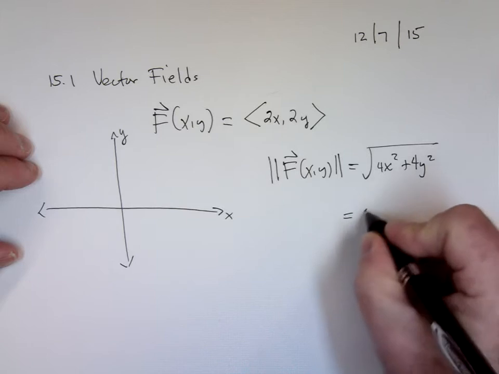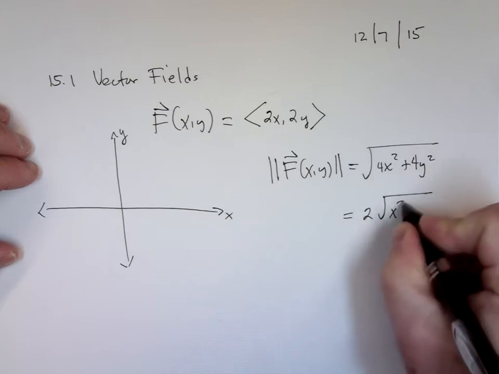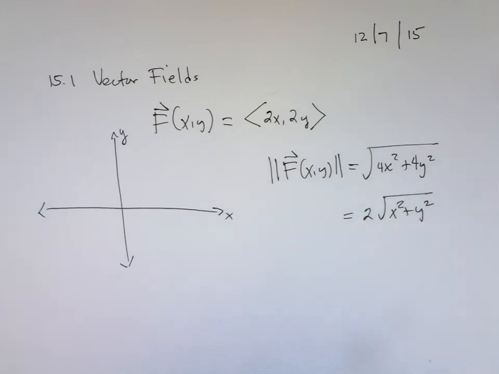Take out a 4 as a 2. The magnitude of each vector would be 2 times the square root of x squared plus y squared. And what you want to do is then plot those vectors that have magnitude 0, and then those that have magnitude 1, and then those that have magnitude 2, and see what you get. That's what you would do.